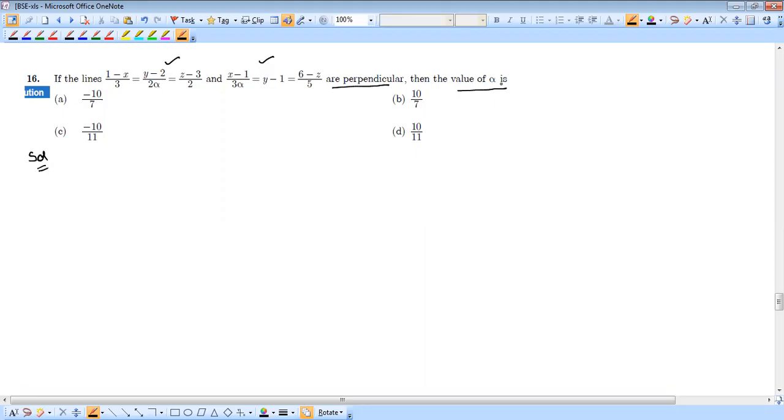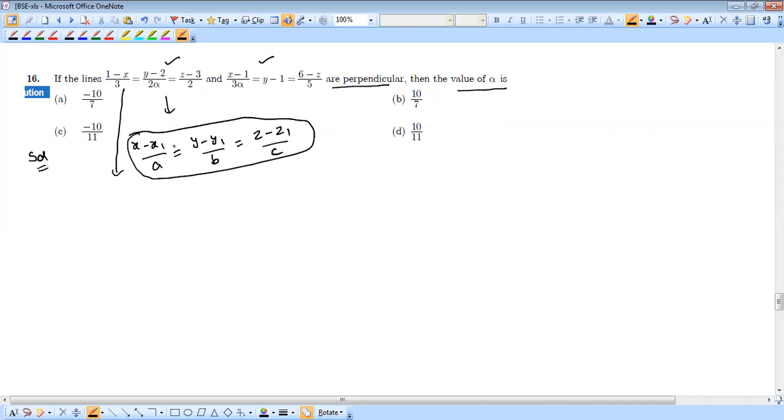Remember, children, if the question is given in Cartesian form, like x minus x1 by a, y minus y1 by b, z minus z1 by c, purely in this form, then a, b, c are considered direction ratios. If it is not in this form, you have to convert everything into the standard form.